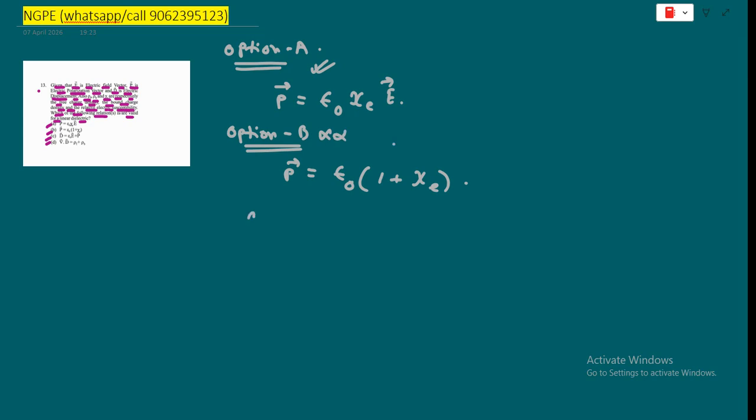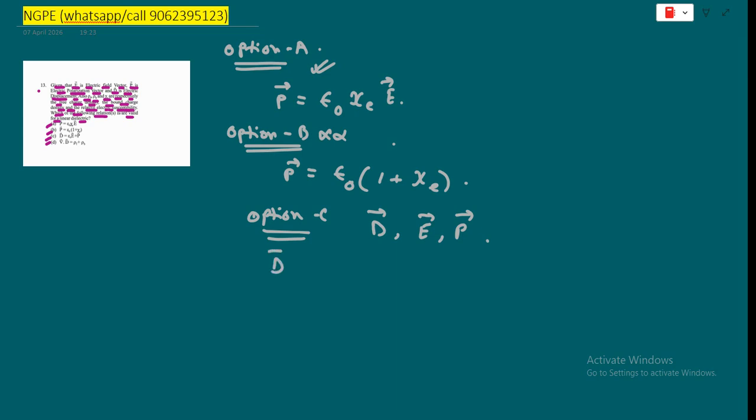Now come to option C. Do you know the holy trinity of electrostatics? That is vector D, vector E and vector P. The definition of the electric displacement, vector D, is the net effect of the vacuum field plus what the material contributes.